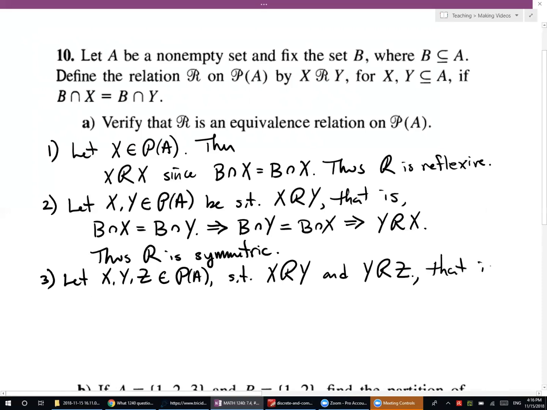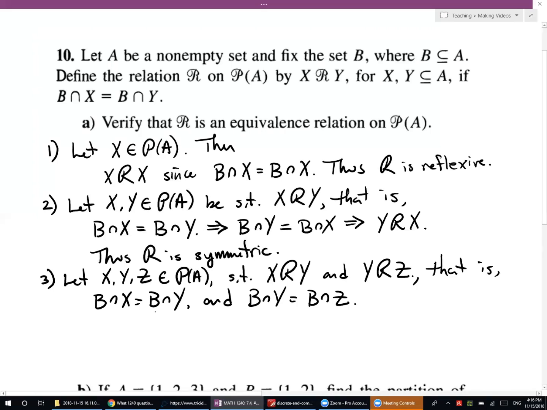That is, by definition, B intersect X is the same as B intersect Y, and Y is related to Z, so B intersect Y is the same as B intersect Z. I now need to show that X is related to Z. In other words, B intersect X is the same as B intersect Z. And of course that's true.